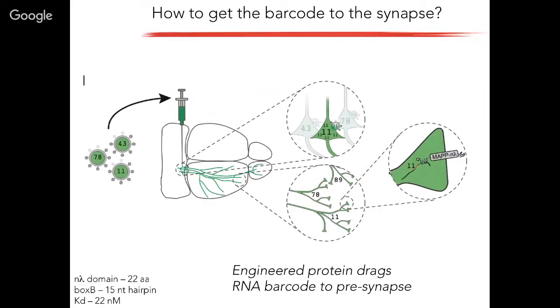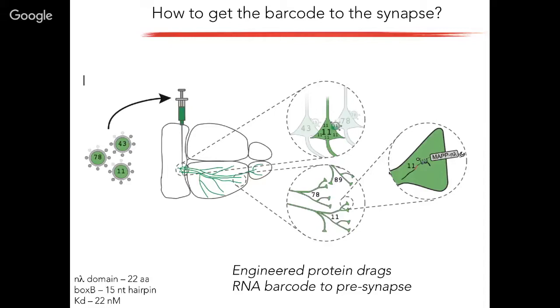There's this remaining challenge of getting the barcodes to the synapse, because typically most RNAs don't travel to distant axons. Here in one slide, I'm summarizing the PhD thesis of a very talented graduate student in my lab, Ian Peikon, who figured out a modification of a synaptic protein, shown on the far right, that allows that protein, which normally traffics to axon terminals, to grab onto the RNA barcode through a so-called N-lambda domain.